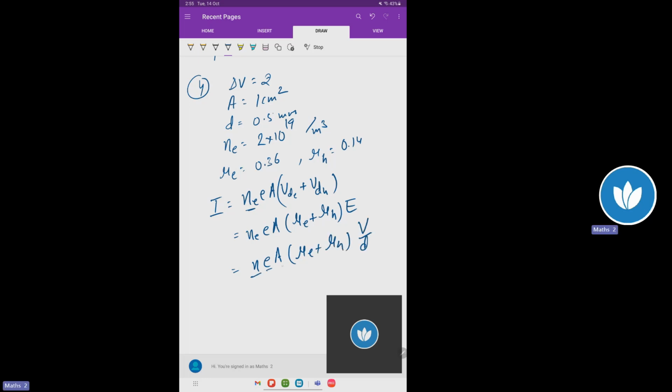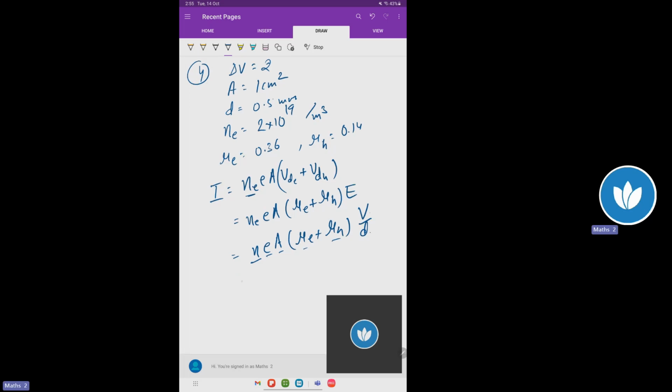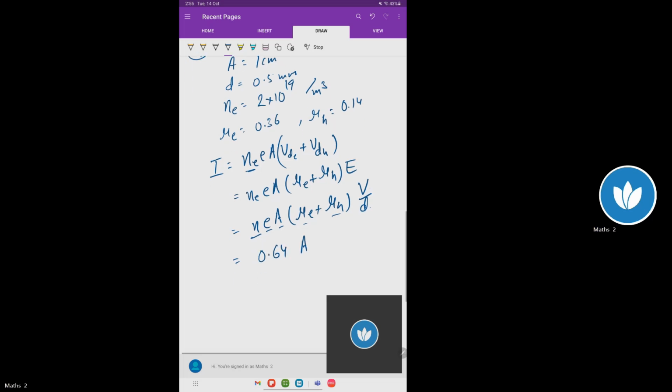Now N, E, A, mu E, mu H, V and d are all given. Finally, after putting the values, we will get 0.64 ampere. Option D.